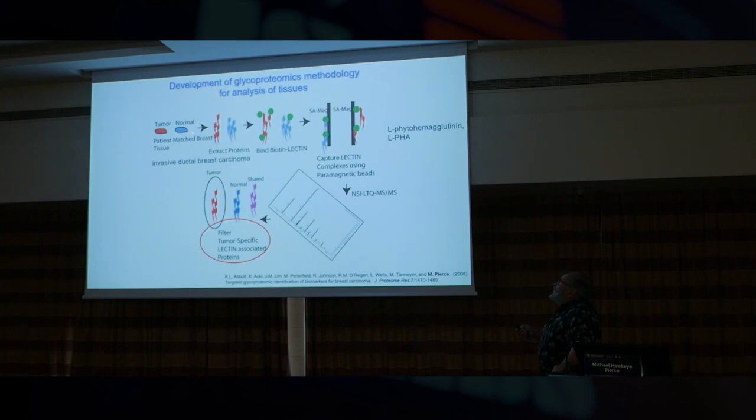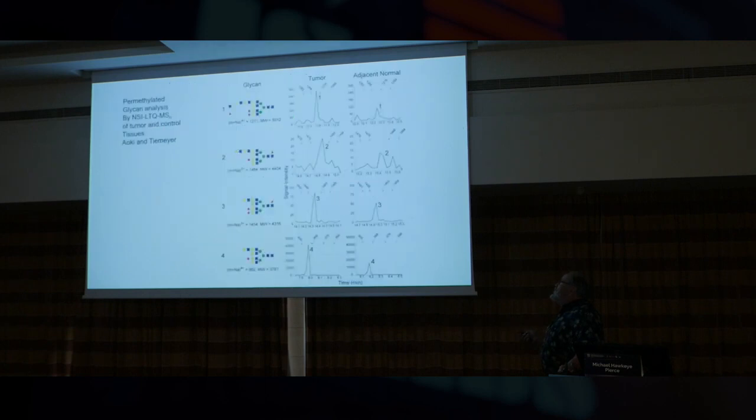And so the control here is matched breast tissue from the same patient. And the question is, do we see an enrichment? And really the purpose of the study was to identify specific glycoproteins that express these, and the question was, could we exploit those as potential markers?